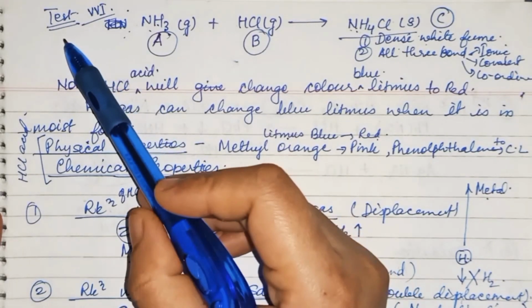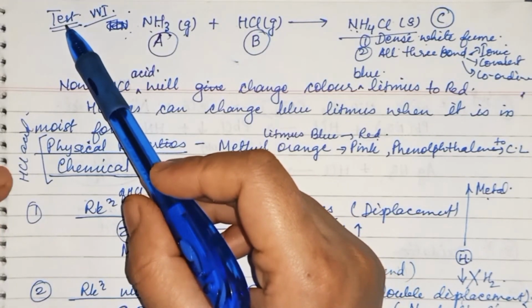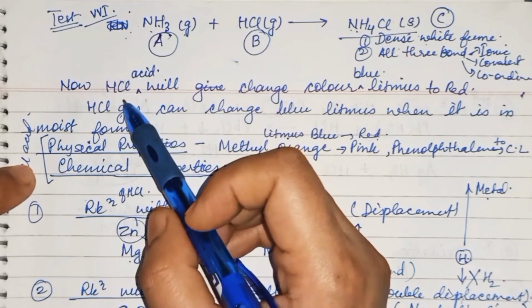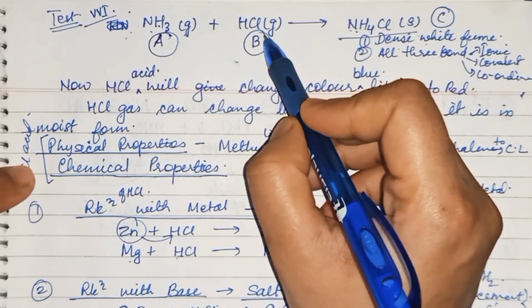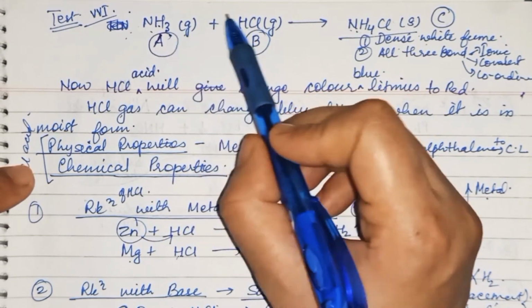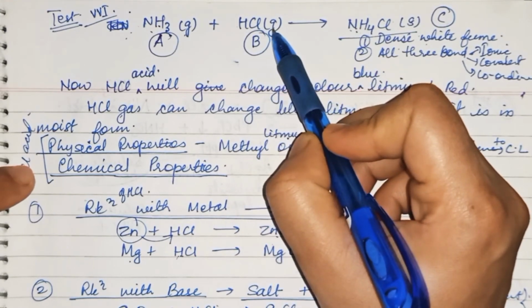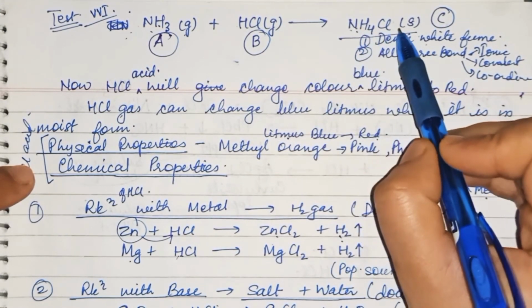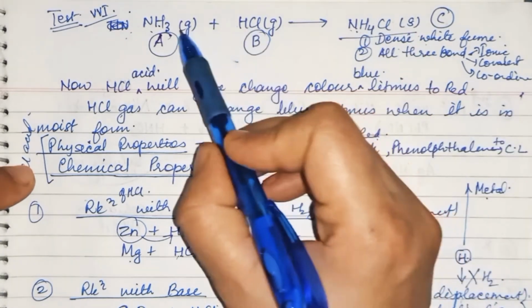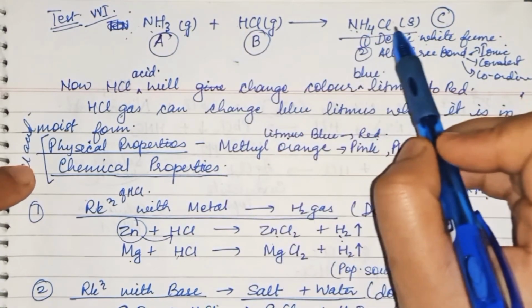Now children, see here, what is the test for HCl acid or gas? When ammonia gas reacts with hydrogen chloride gas, it gives ammonium chloride, which is solid in state. These two are gaseous and this one is solid.